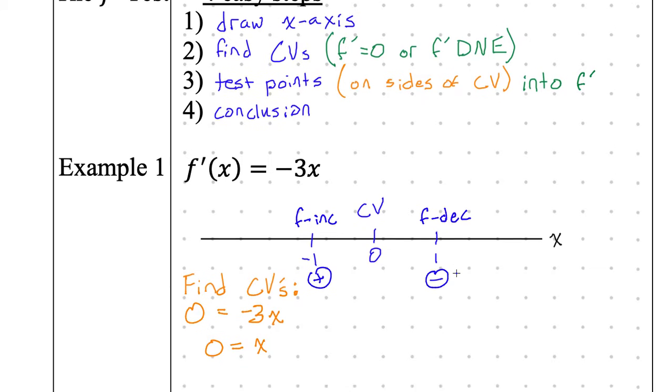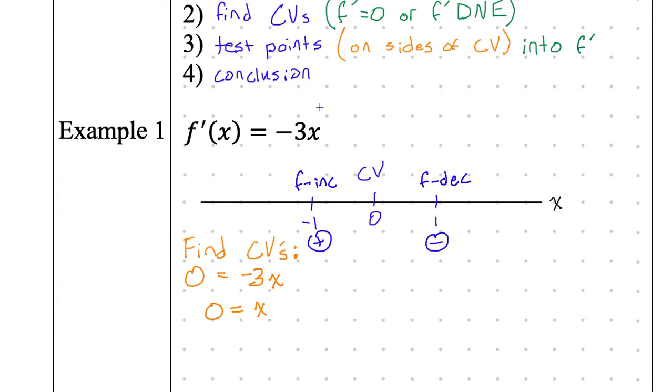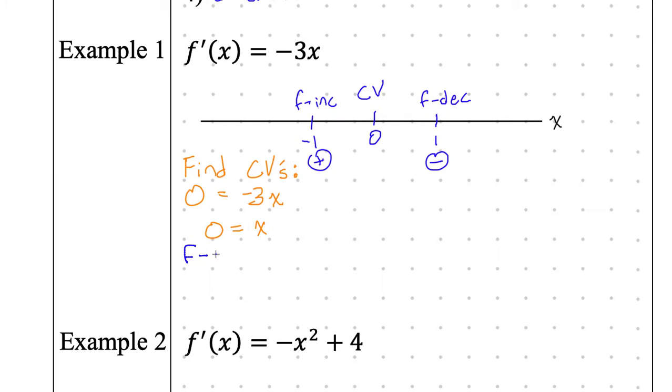We're now drawing our conclusion. So, our f CV, where did that happen? At x equals 0. Gio, where is f increasing? At negative 1 it is increasing, at negative 2 it's increasing, at negative 0.25 it's increasing.